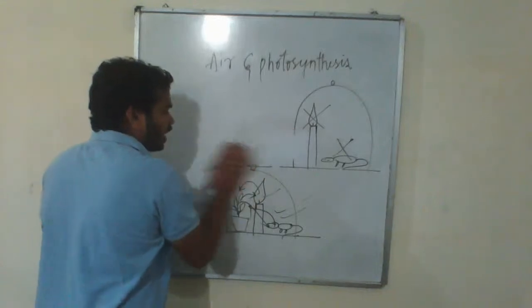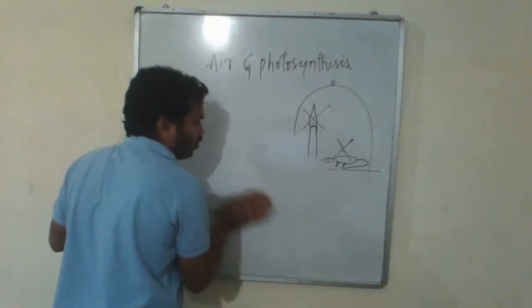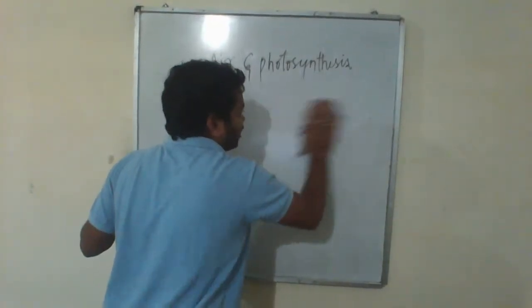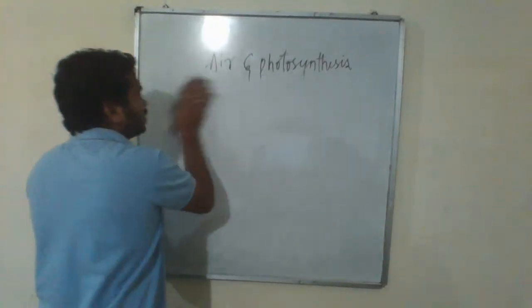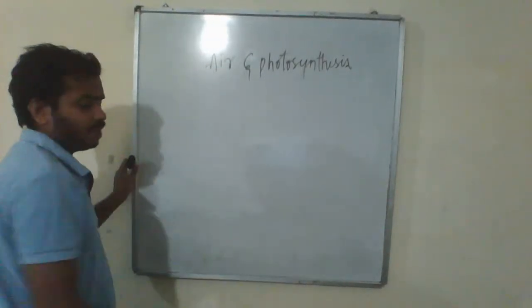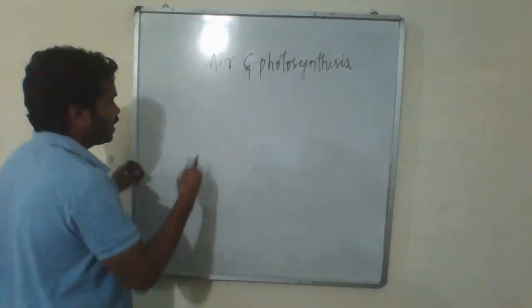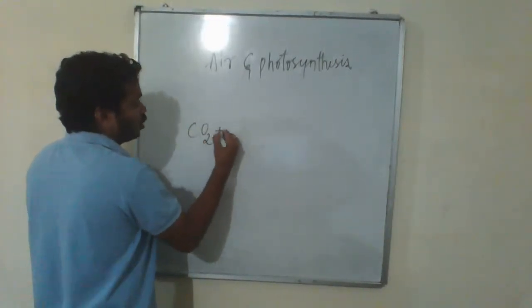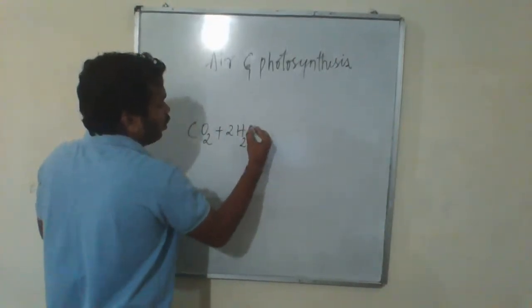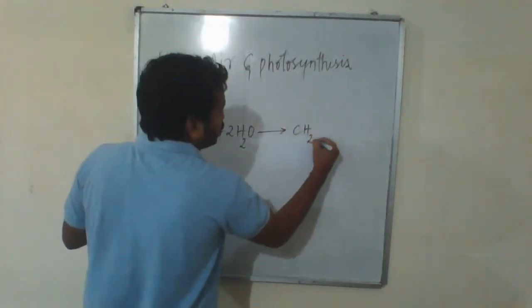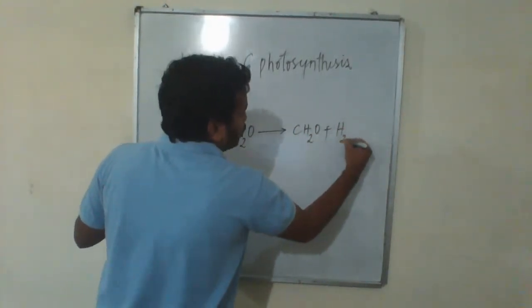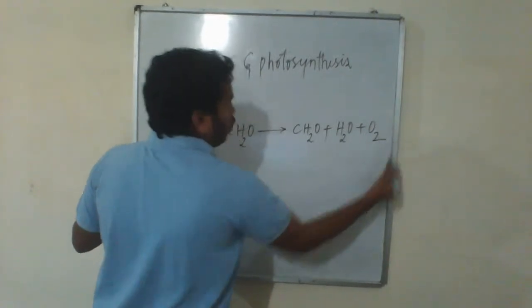If we go to the reaction given by C.B. Van Neel, or else Robert Hill, that is CO2 plus 2H2O, which liberates CH2O plus H2O plus O2.